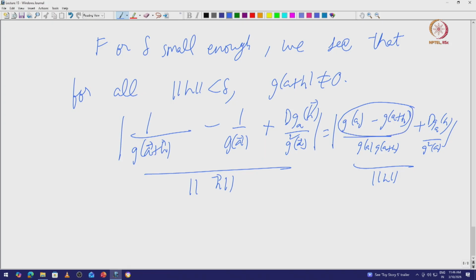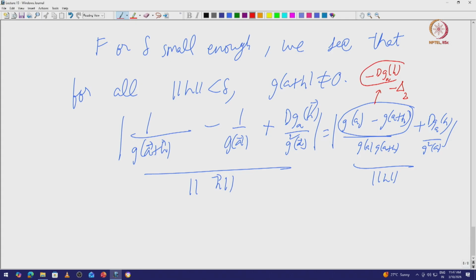Now, how must we handle this term? As before, we want to use the linear approximation for g, right? Let me use a different color here to emphasize. So this is, by the linear approximation, minus the derivative of g acting on h, and what else are we left with? We are left with the error term, which we shall call delta 2 as before. So what do we have then?